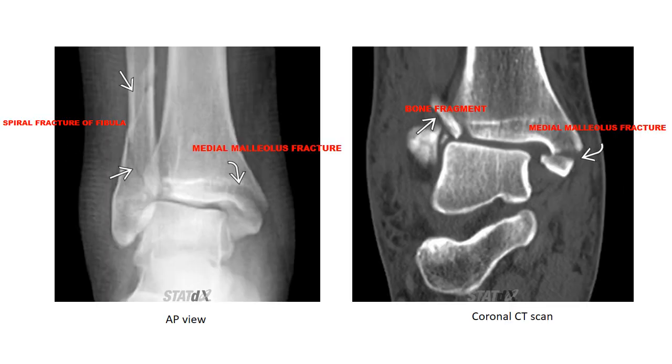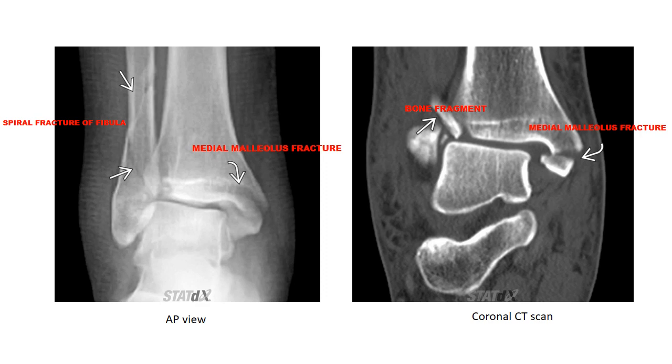So this picture showing the anteroposterior view of X-rays for the ankle. So there is minimal displaced spiral fracture of fibula and also transverse fracture of the medial malleolus, which is laterally displaced.